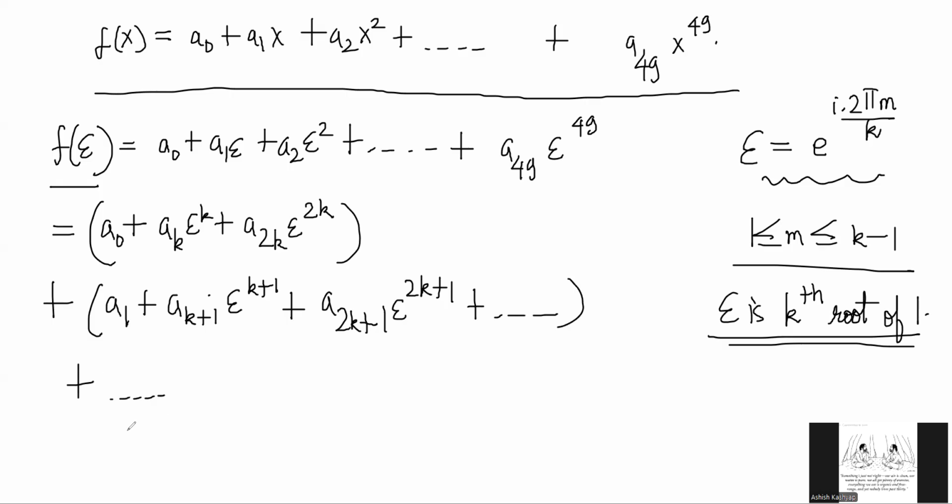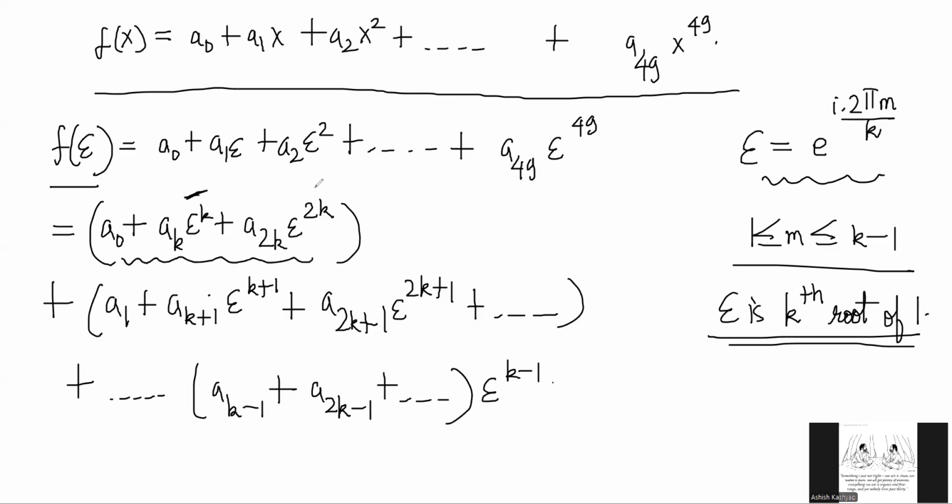And similarly till ak minus 1 plus a2k minus 1, and these terms have e power k minus 1 as common factor. You should realize that all of these are equal. E power 2k is equal to 1, e power k is equal to 1, and so on.